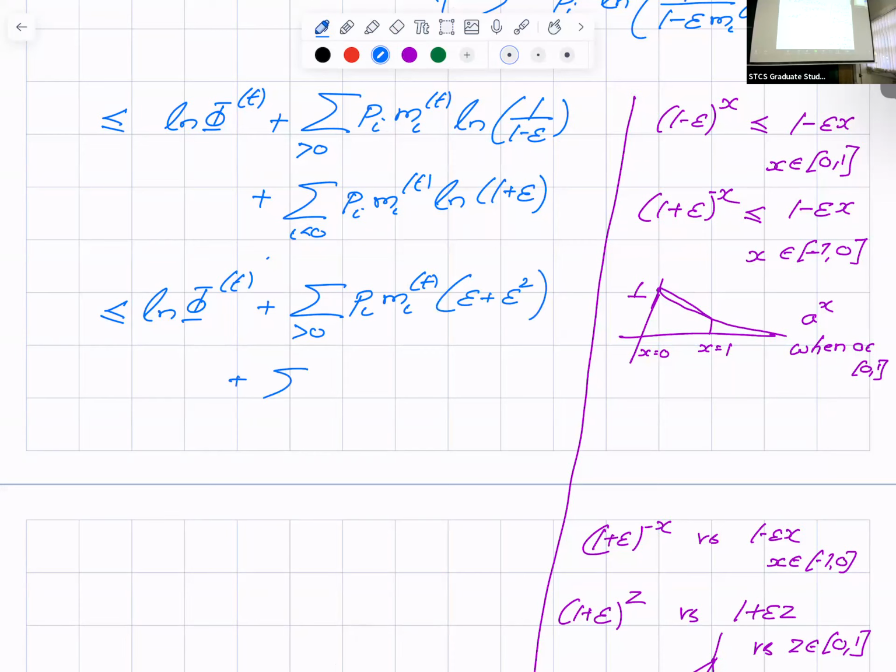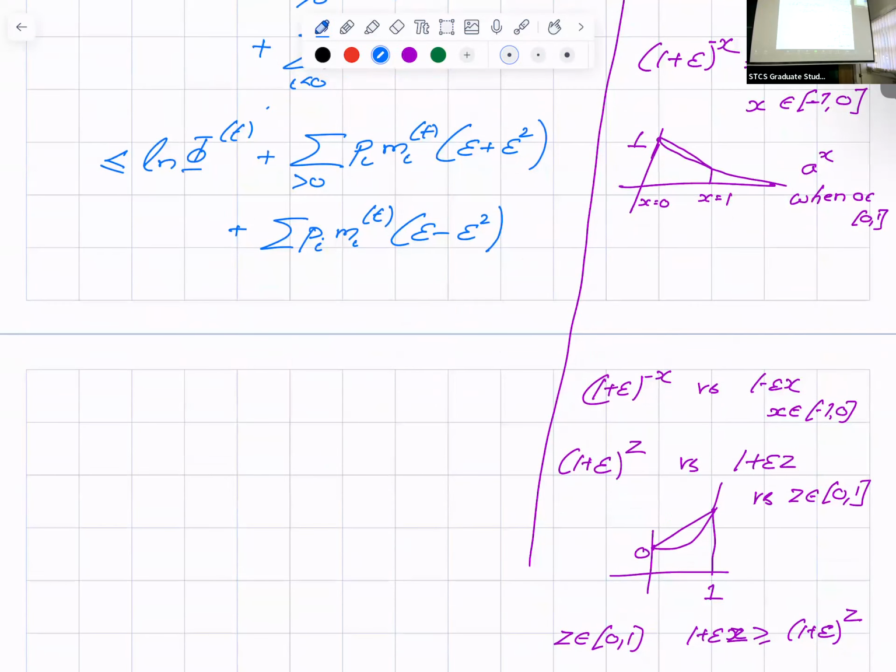And this is pi mit, ln of 1 plus epsilon is epsilon minus epsilon square by 2 and so on. I'm going to lower bound that one by epsilon minus epsilon square, but mit is a negative quantity, therefore this direction goes in fine, right?